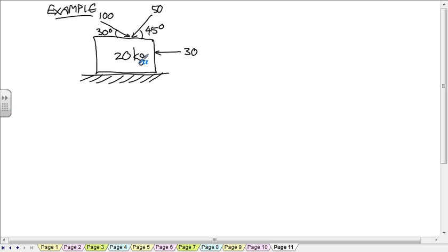And let's say that the box slides with a constant velocity.